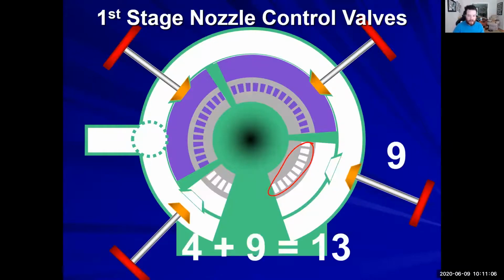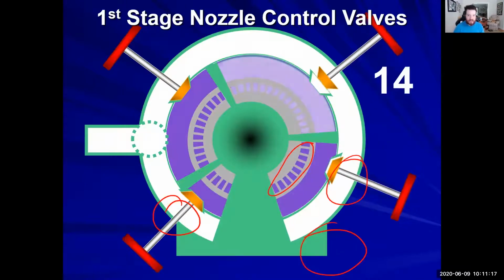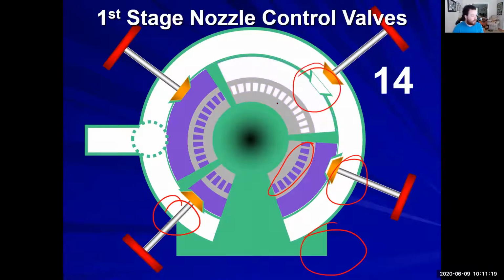You can add them together. 9 and 4 is 13, so 2 nozzles will be open, nozzle 4 and nozzle 9. If you want to go 14, you would open up the 14 nozzle. If you wanted to add 4 more to it and go 18, you would open up your nozzle labeled number 4, and those two together would be 18.